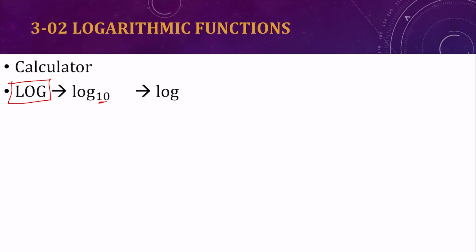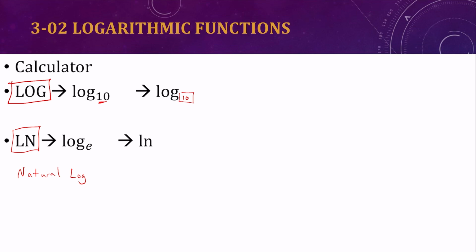If we don't write a base, so notice here the base is missing, it is 10. So if it's just log, it's log base 10. The other one on your calculator is ln, and it stands for natural log, and it's base e. So if it's ln, it is log with a base e.